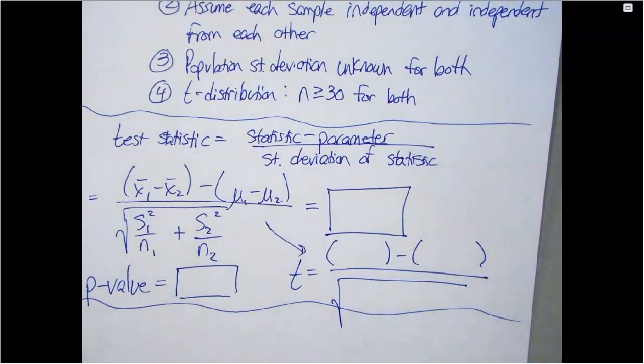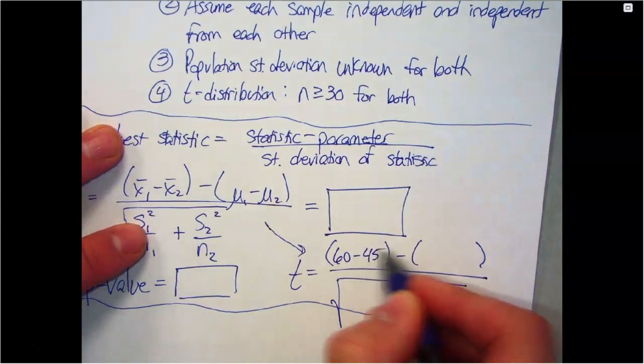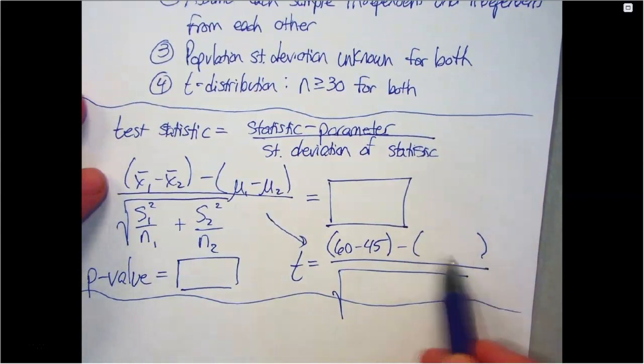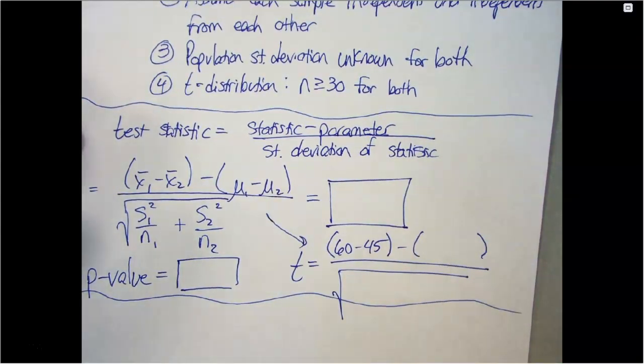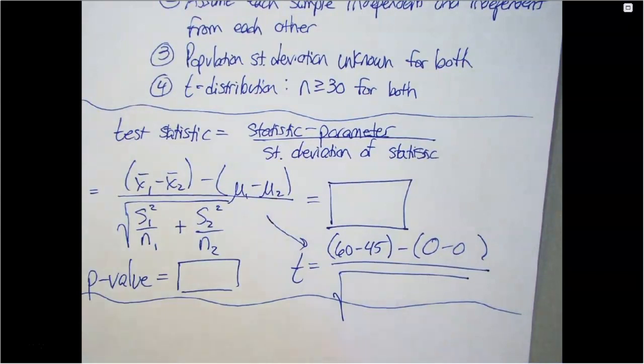Alright, let's fill in those numbers. What's x bar 1? 60. X bar 2 is 45. And then mu 1 and mu 2, I don't know what they are. I don't really care what they are. What do I know is true when I subtract them? It's 0. So I would just put 0 minus 0 there. That's 0.